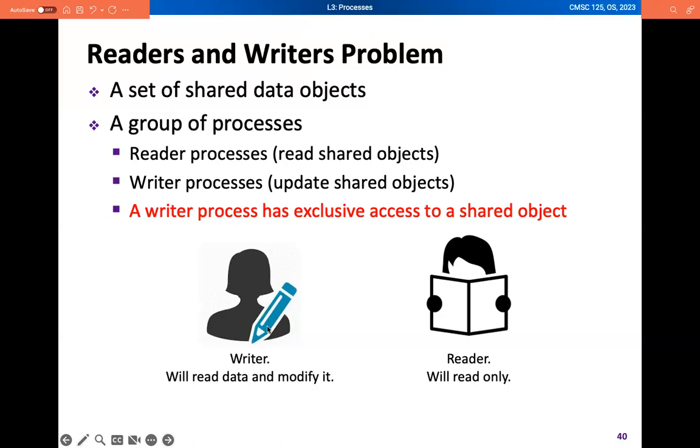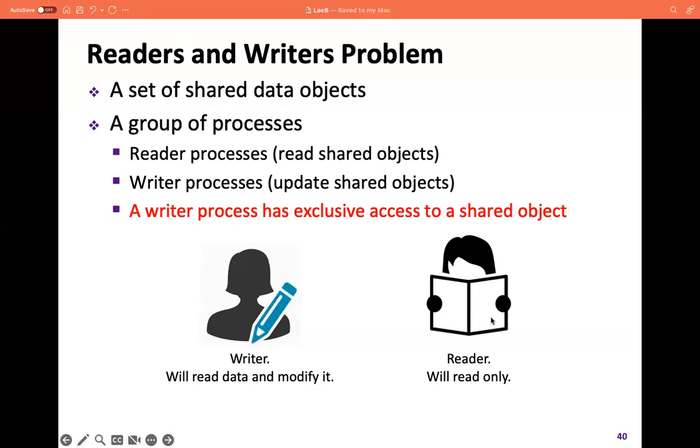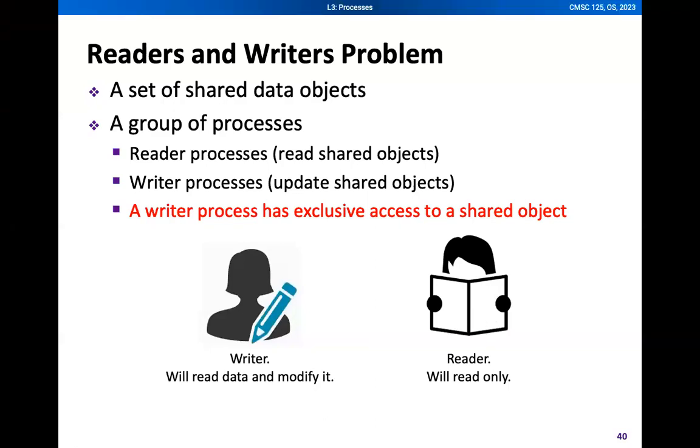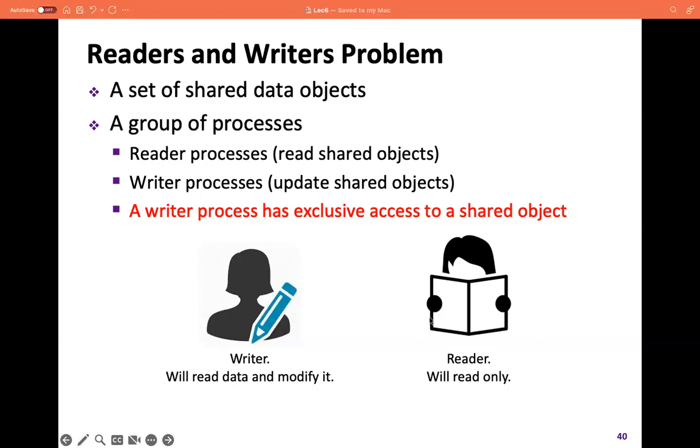So the problem is to ensure that all of the readers can simultaneously read without interfering with each other's reading process, and that the writers do not interfere with the readers or with the other writers.